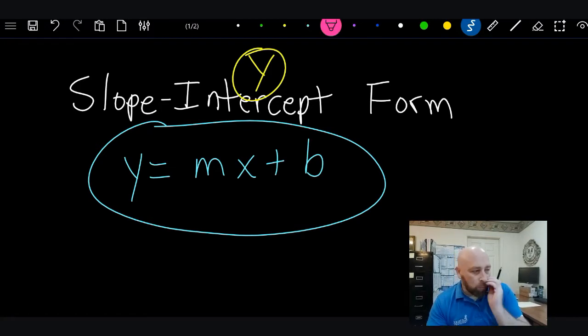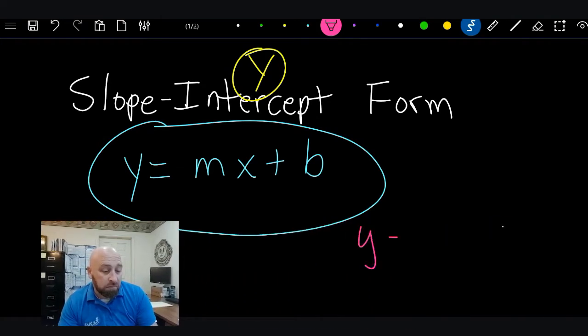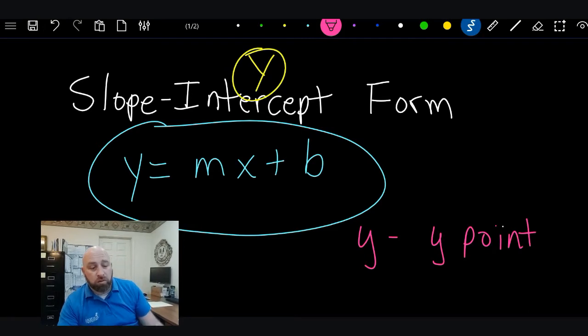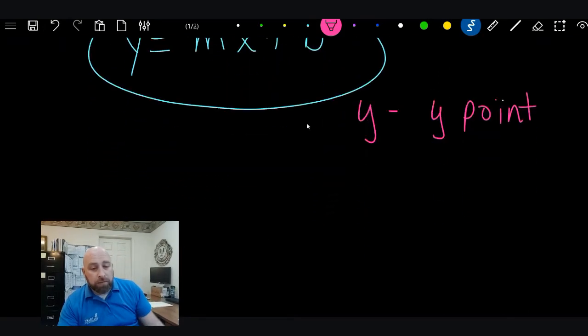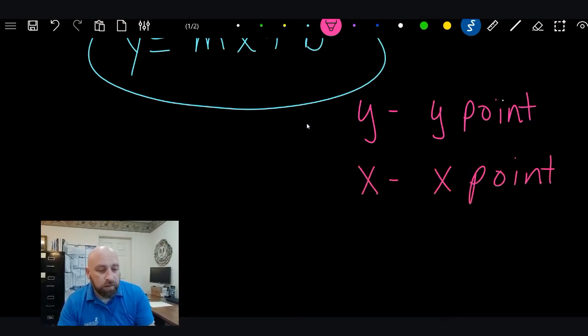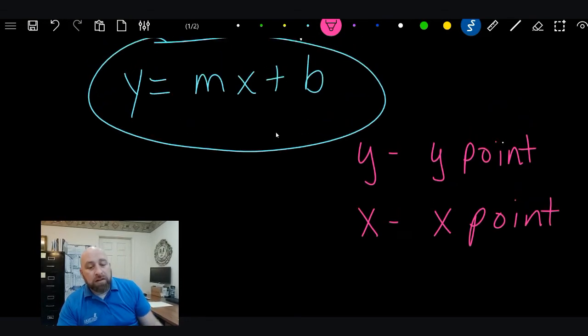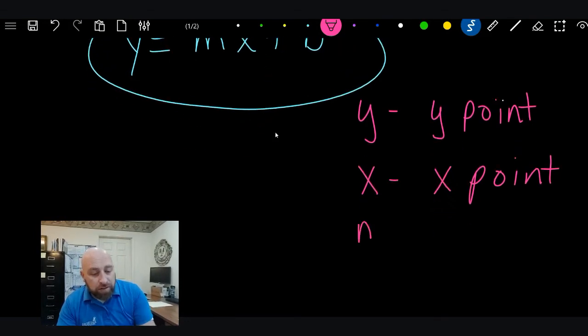In this, y is the y point, the coordinate point that goes with y. X is the x point. And m, you should know what m is.